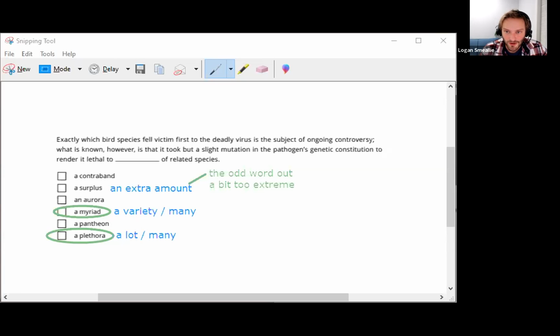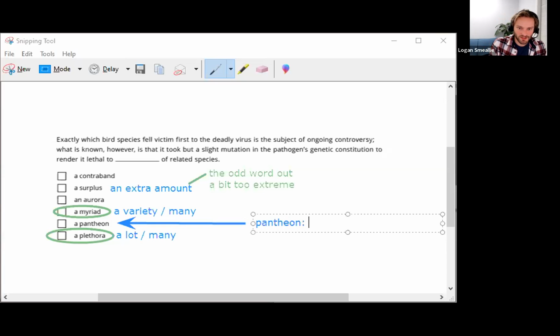A pantheon, though, is probably a little closer. A pantheon is basically a collection of the best of something. So if I'm talking about the pantheon of, I don't know, potato chips, I'm talking about what I think are the very best brands of potato chips.